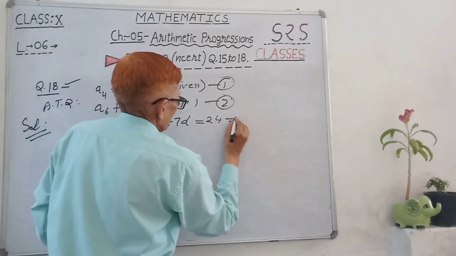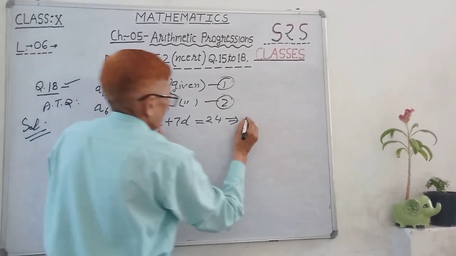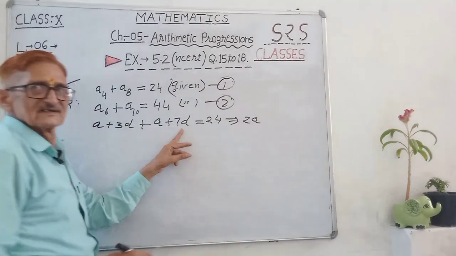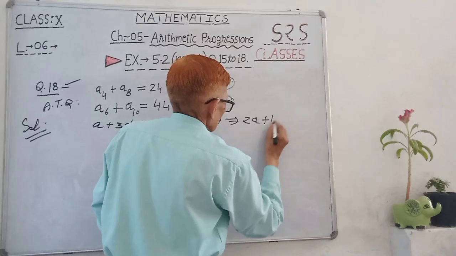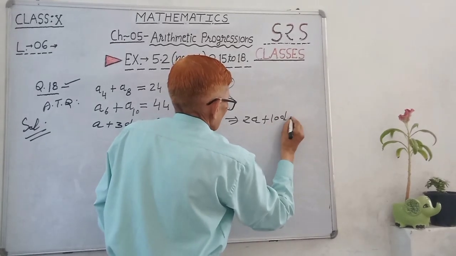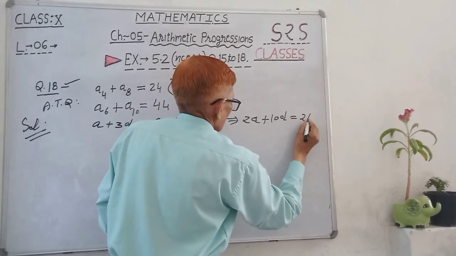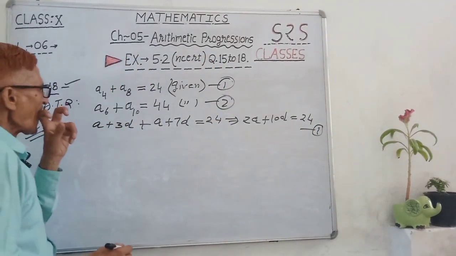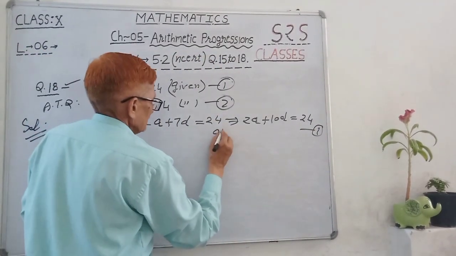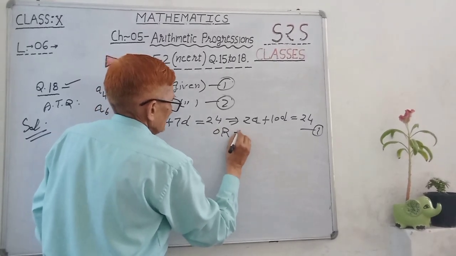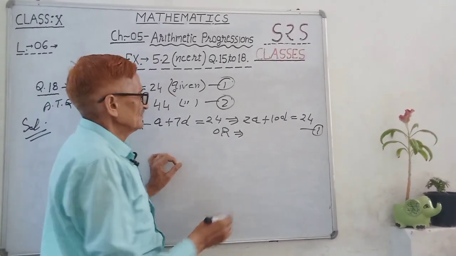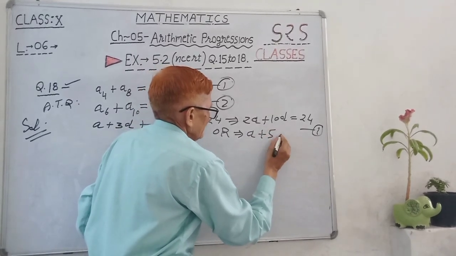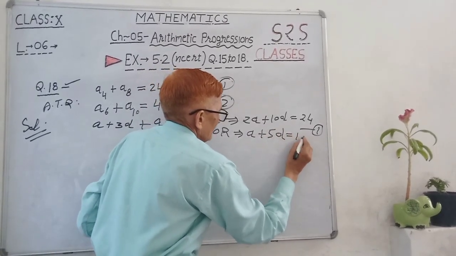Simplify: A plus A is 2A, 3D plus 7D is 10D, is equal to 24, equation 1. Or we can simplify, because every term is divisible by 2, so dividing by 2, A plus 5D is equal to 12.